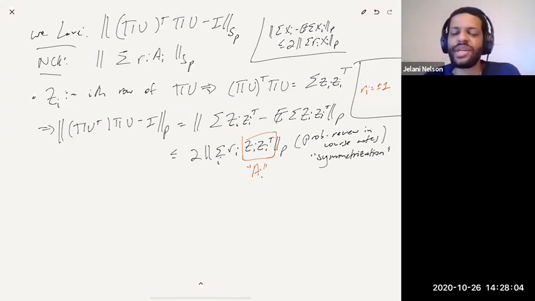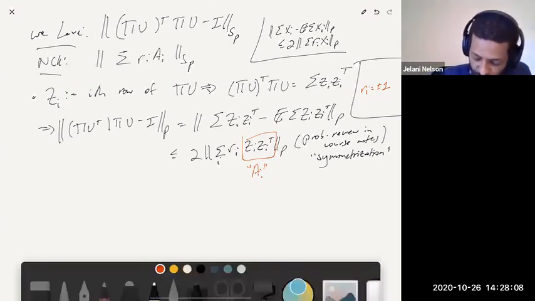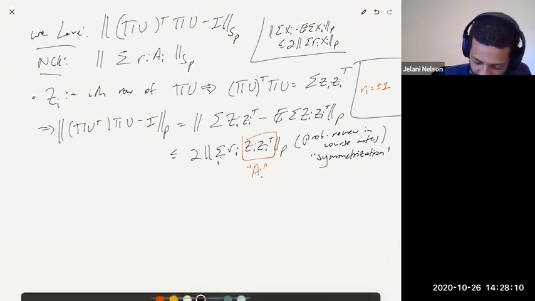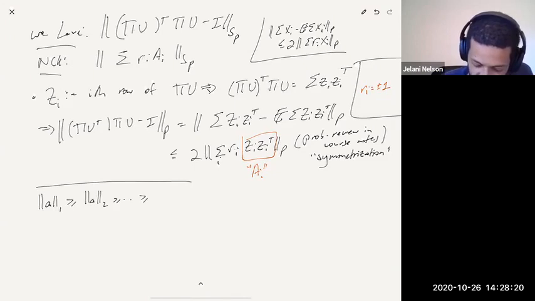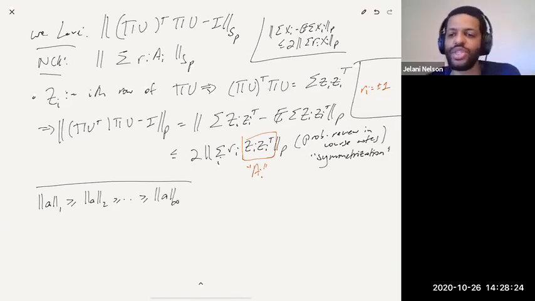And another thing that I want you to keep in mind as well is Holder's inequality. So we know when you have a vector, the L1 norm of A is always at least the L2 norm, which is always at least the L3 norm, etc., which is always at least the L infinity norm. Right? And of course, the same is true for Schatten norms, because Schatten norms are just Lp norms of vectors, namely the vector of the singular values.